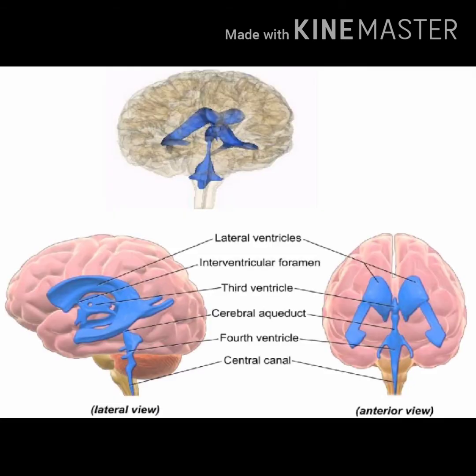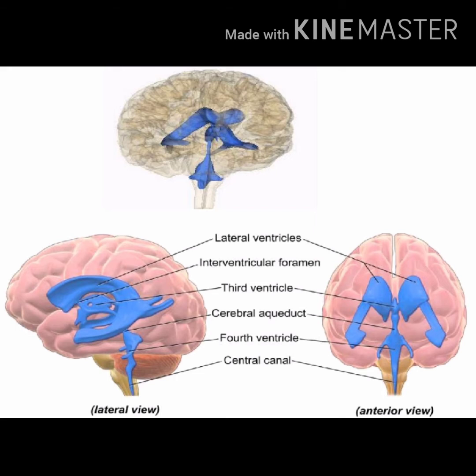From this picture we can easily understand the ventricles' position, and how and where they are located in the brain. In the lateral view, it is located inside the brain in the center part, and in the anterior view the ventricles are present in the right and left parts equally.